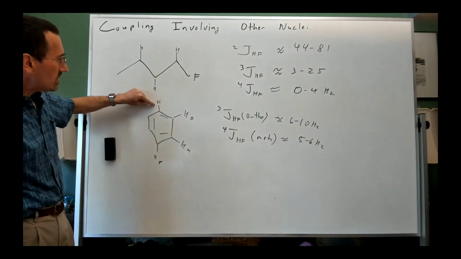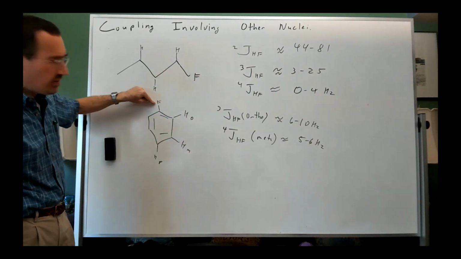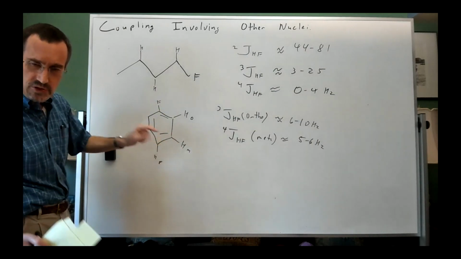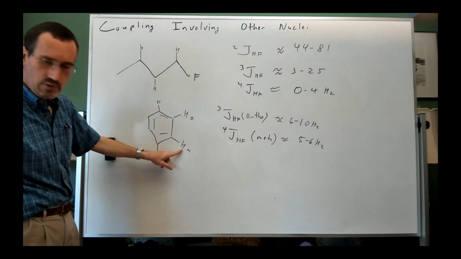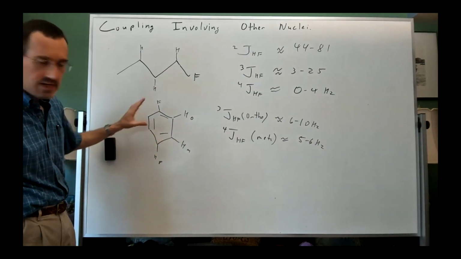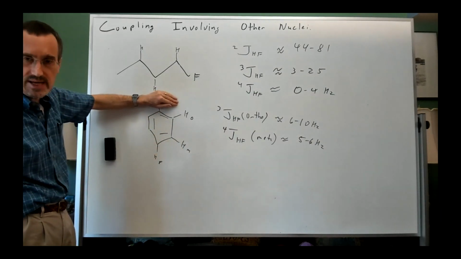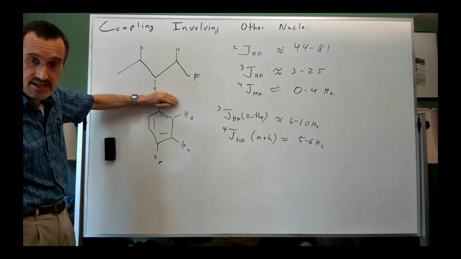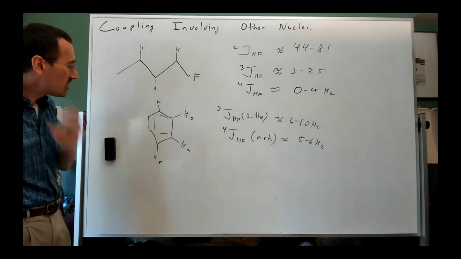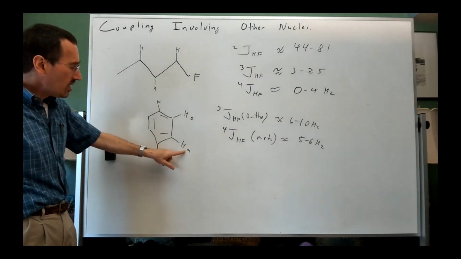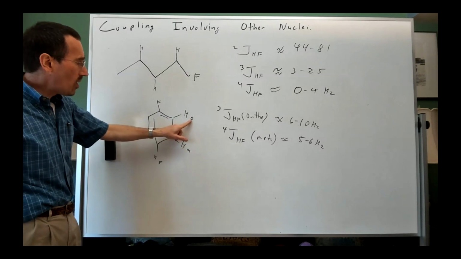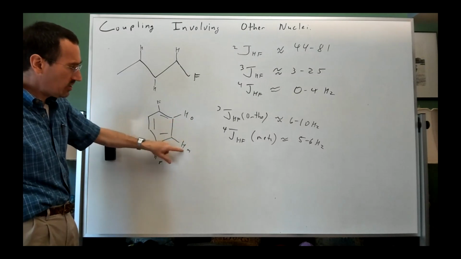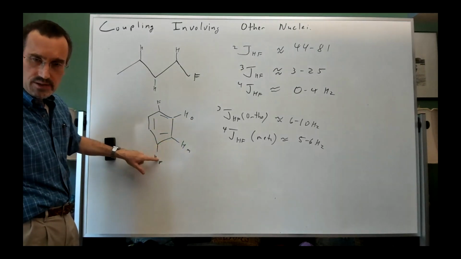So think for a moment about the implications of that. If this were, say, just a chlorine over here and there was no spin-spin coupling, assuming first order analysis, remember this ring system without the fluorine would be an AA'MM'X at best. But assuming it was first order like behavior, you'd say, oh, this hydrogen should be split by one big J and one small j.